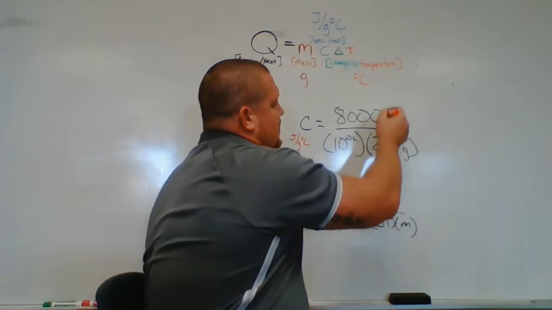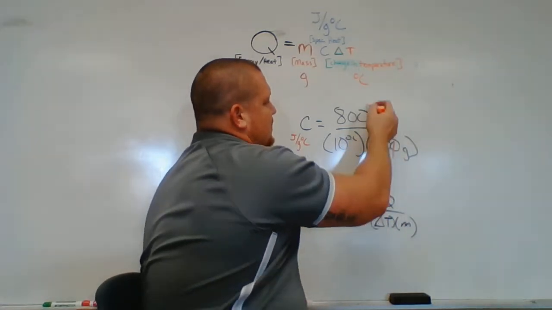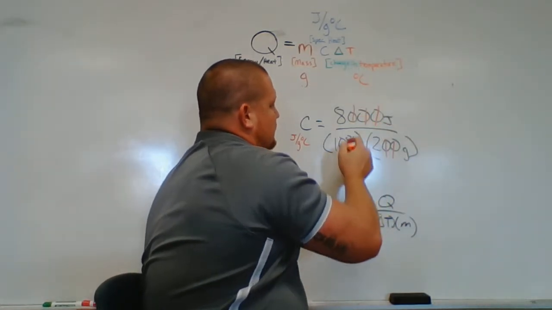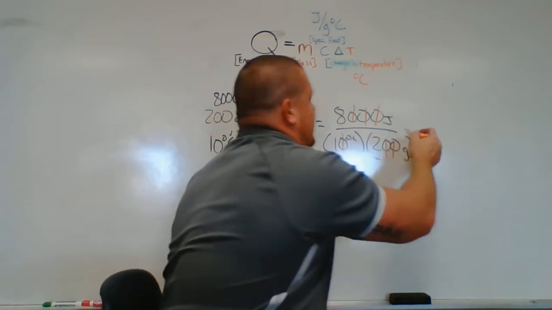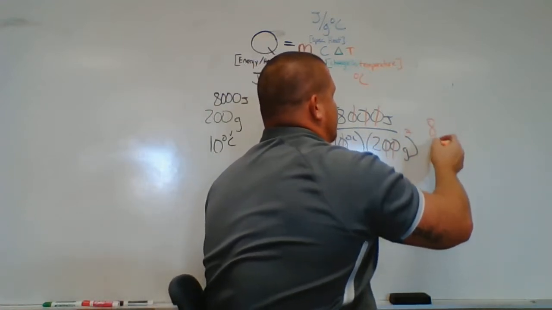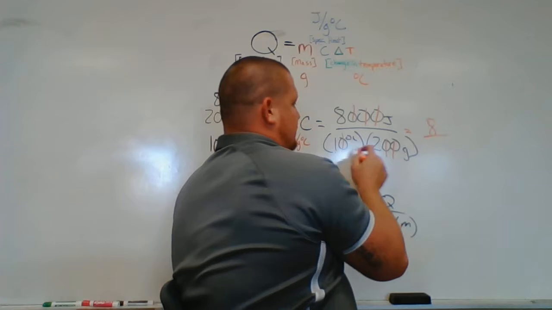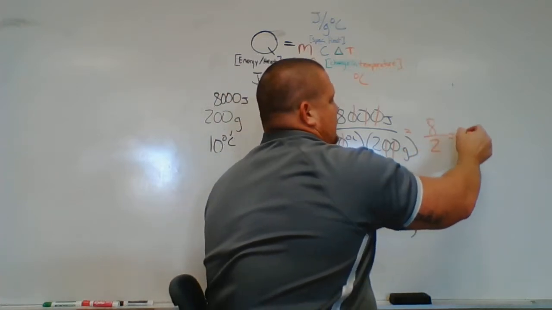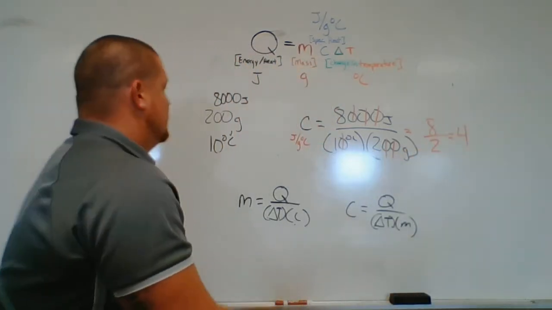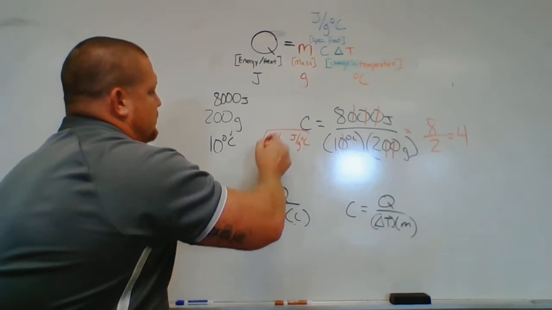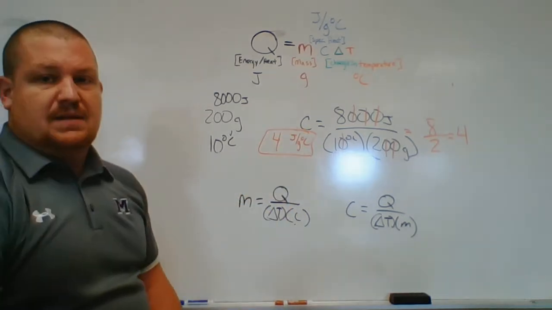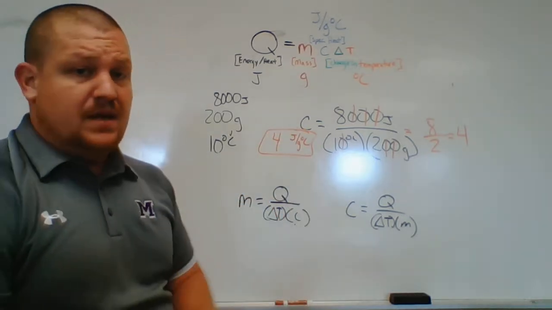But check this out. The zeros cancel: 8 divided by 1 times 2, 4. So my answer is 4 joules per gram degree Celsius, which is what it should have been.